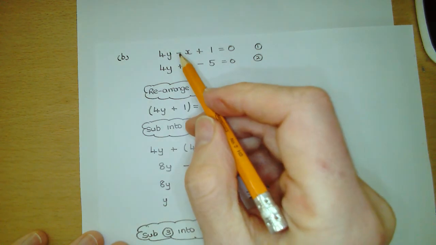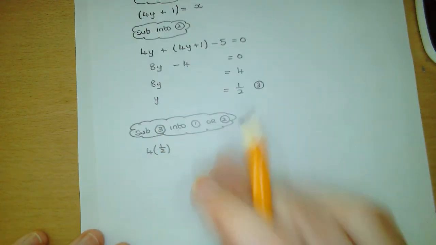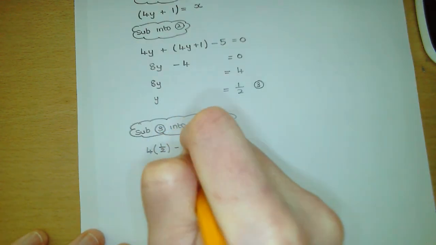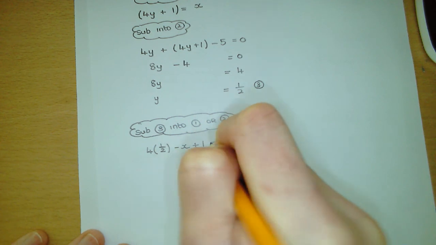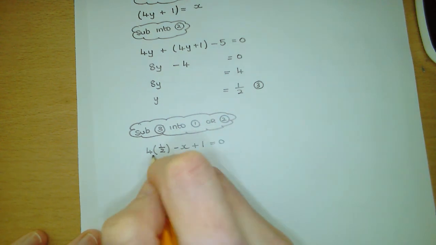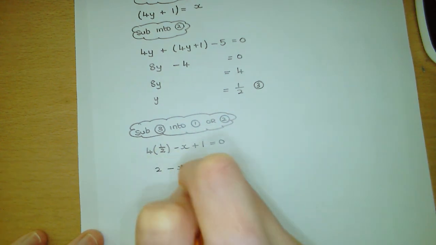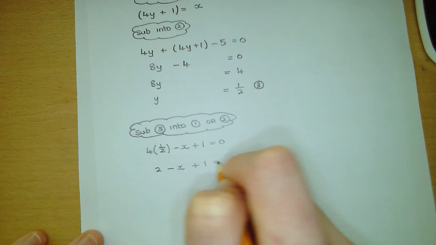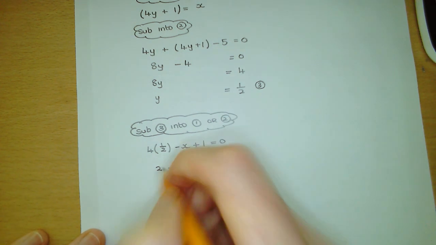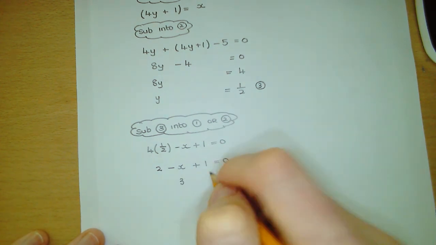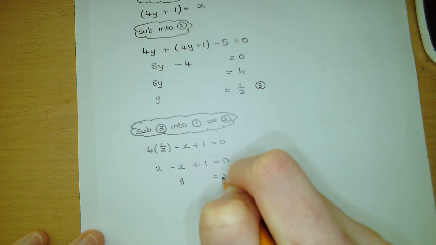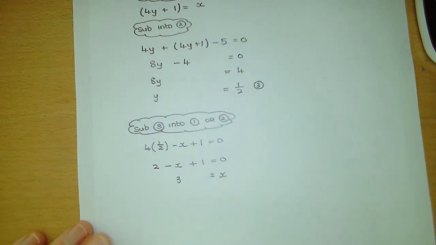And then we've got minus x plus 1 equals 0. So we're going to have 2 minus x plus 1 equals 0. So 2 plus 1 is going to give us 3. And then shift x to the other side, we're going to get positive x. And that makes sense.